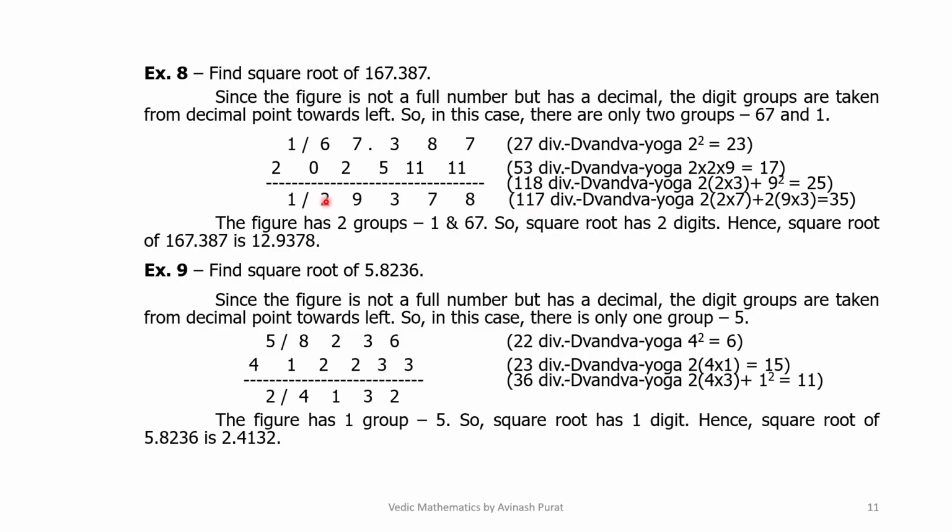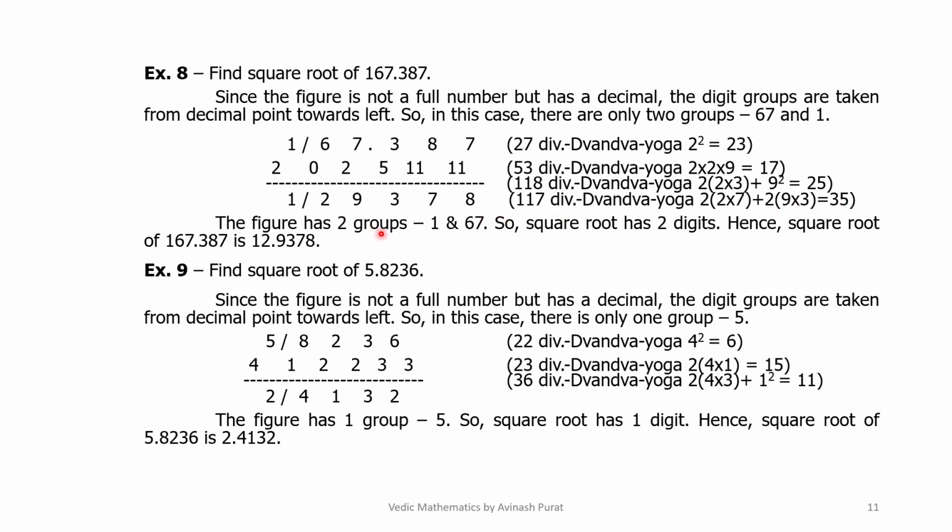Dvandva Yoga 2 into 7, that is 14 into 2, 28, plus 2 into 9 into 3, 27 into 2, 54, plus 28. 54 plus 28 is 82. 117 minus 82 is 35.